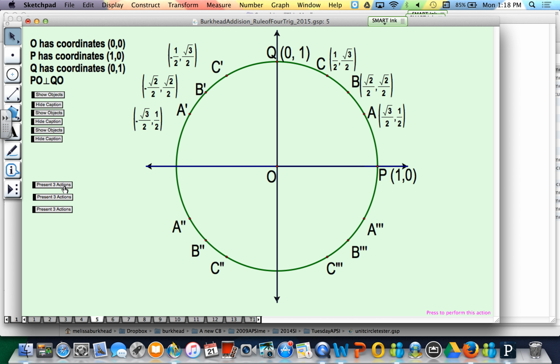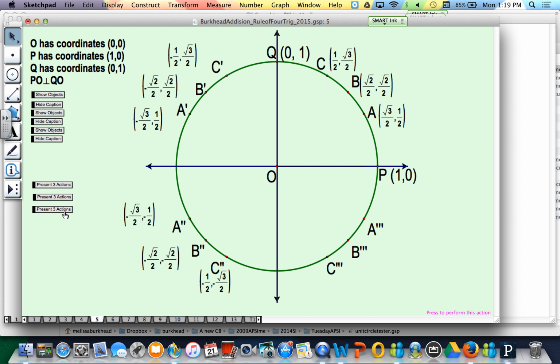And if you're not too hip on finding these using my little transformations, you can just reflect. You get what I mean by that? How many of y'all have figured out the circle? What would A double prime, B double prime, and C double prime's coordinates be?